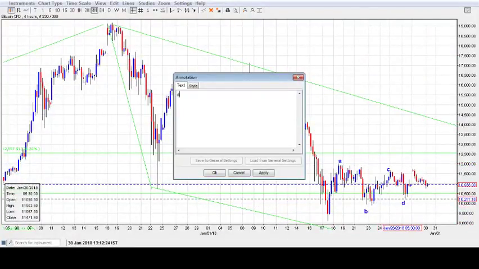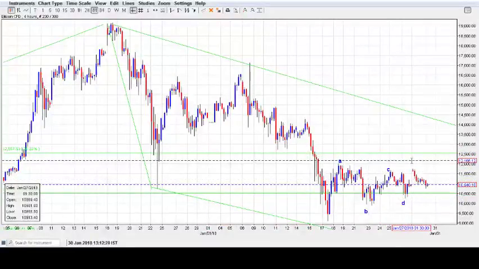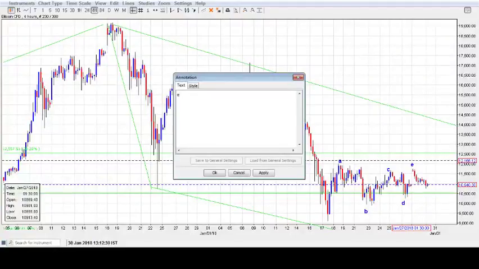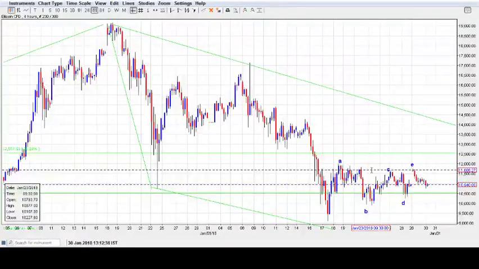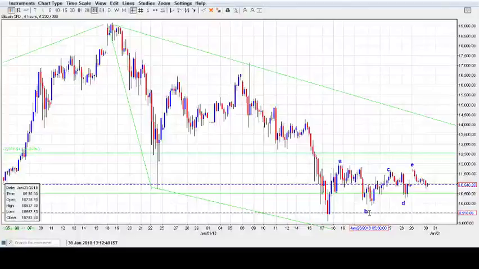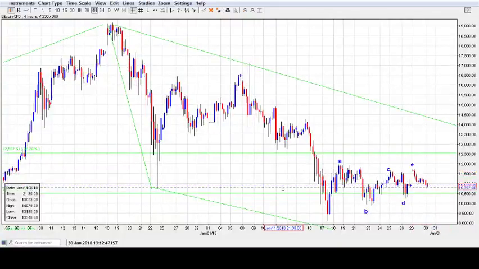It could be a triangle, or it could unfold as a flat as well, but more or less a move towards a triangle is more probable right now. If it goes above the C, then that could not be the triangle. That could be A, B, C, and D, and there might be one more high towards 11,500.